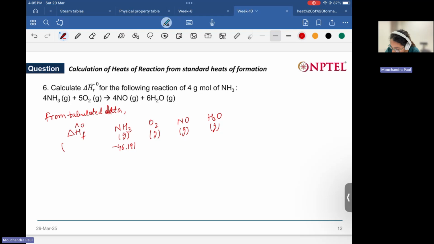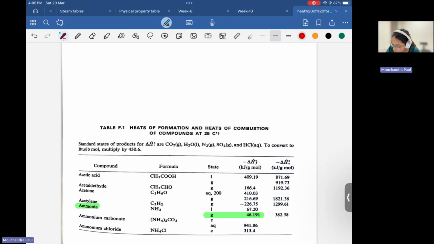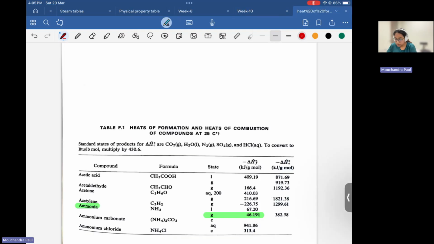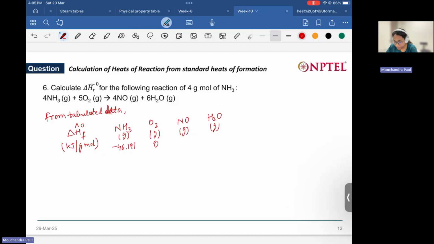The unit that I'm using is kilojoule per gram mole. That is very important to consider. For oxygen, it is basically 0. It is not given in this table, but I found out it is 0.